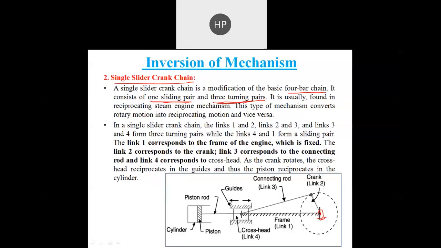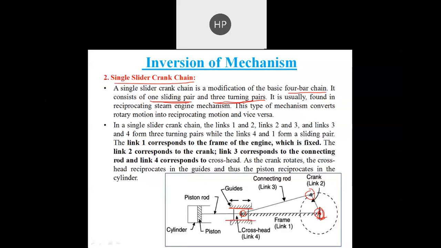Link 4 is the sliding one, over here. In this there are 3 turning pairs. This one is one turning pair, this one is the second turning pair, and this one is the third turning pair. And here, this one is our sliding pair.